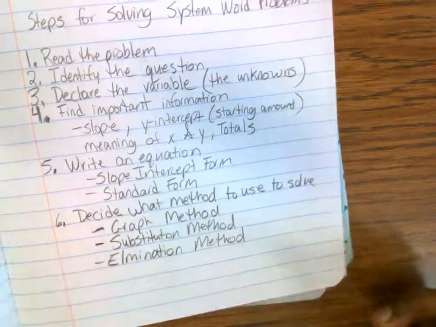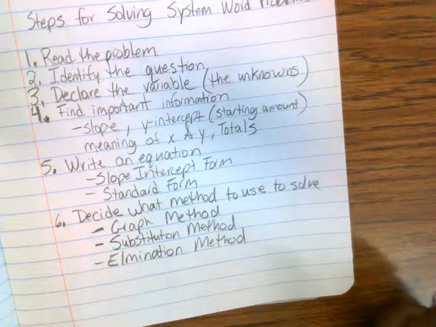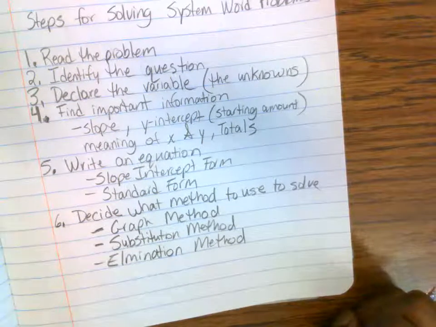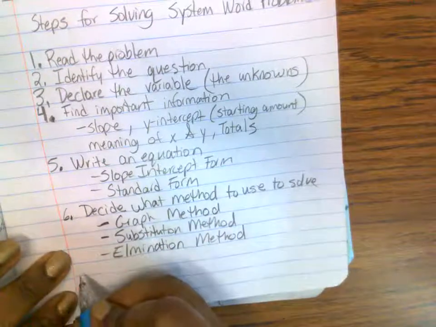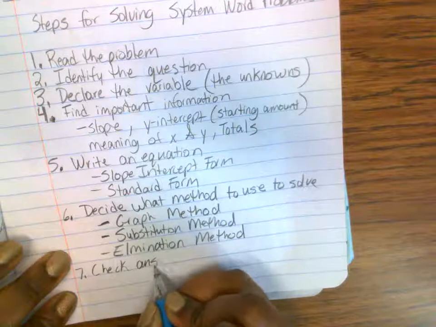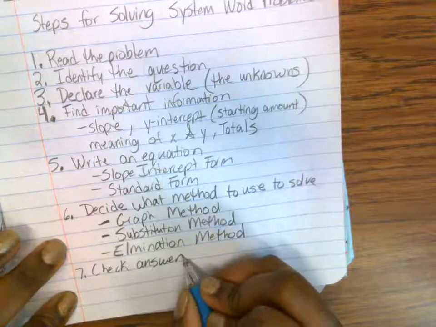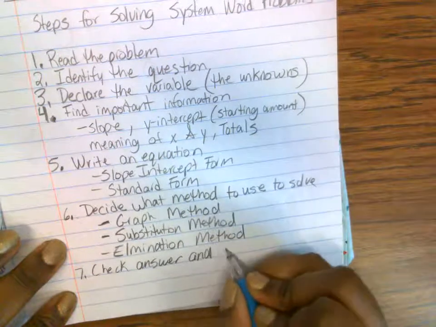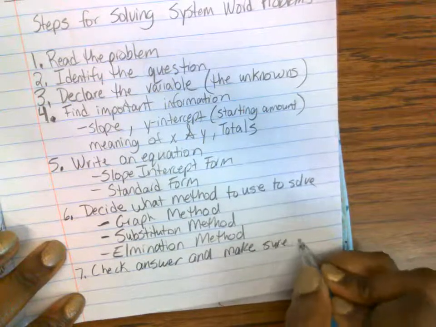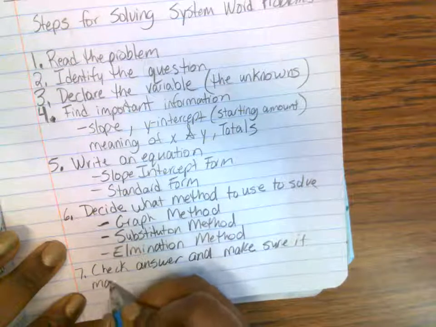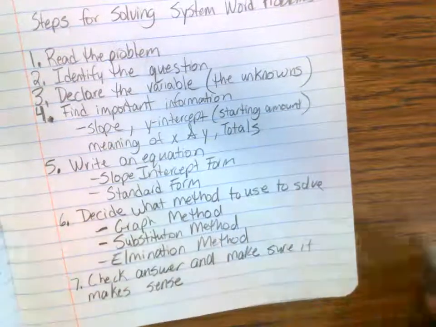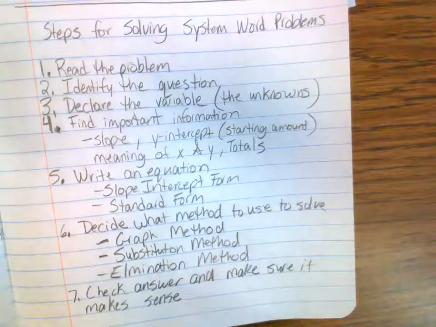And remember, I told you it was 7 steps. So the very last thing that you're going to do is check your answer and make sure that your answer makes sense. Check answer and make sure it makes sense. Okay. And those are your 7 steps.